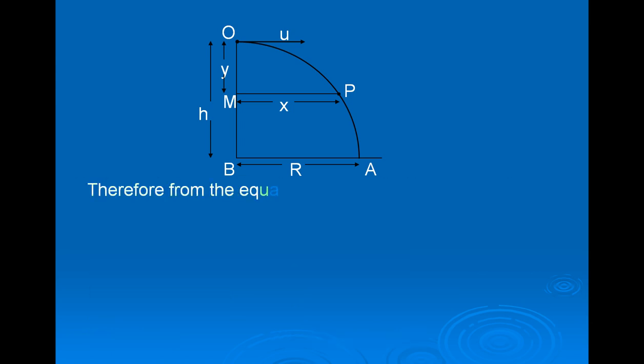Therefore, from the equation of motion, s is equal to uxt plus half axt square. Putting the values, we get capital R is equal to u into capital T plus half 0 into capital T square. Again, 0 into something is 0.